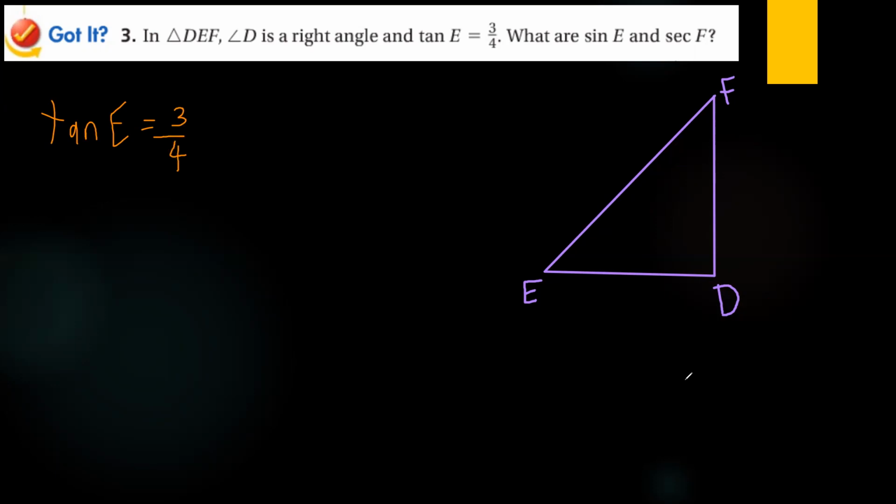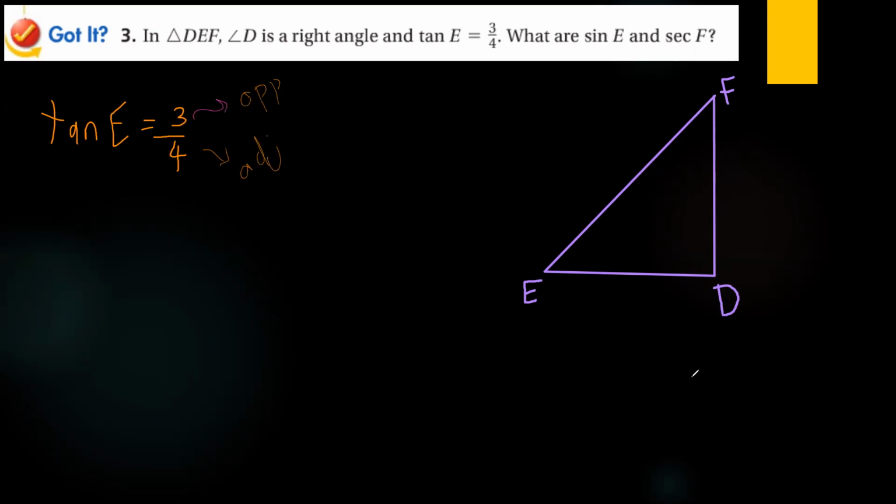I need to find sine E and secant F. Now, tan of E is 3/4. So that means this is my opposite, and this is my adjacent.